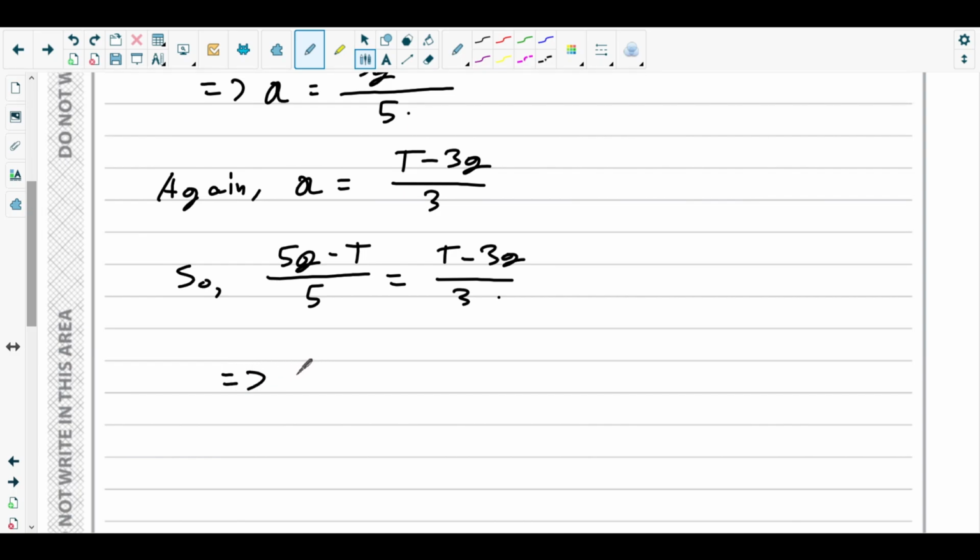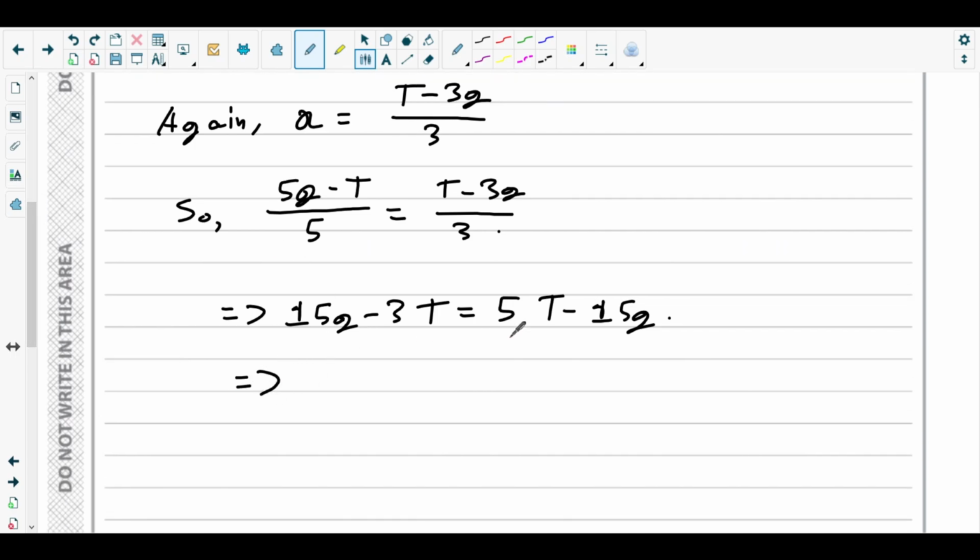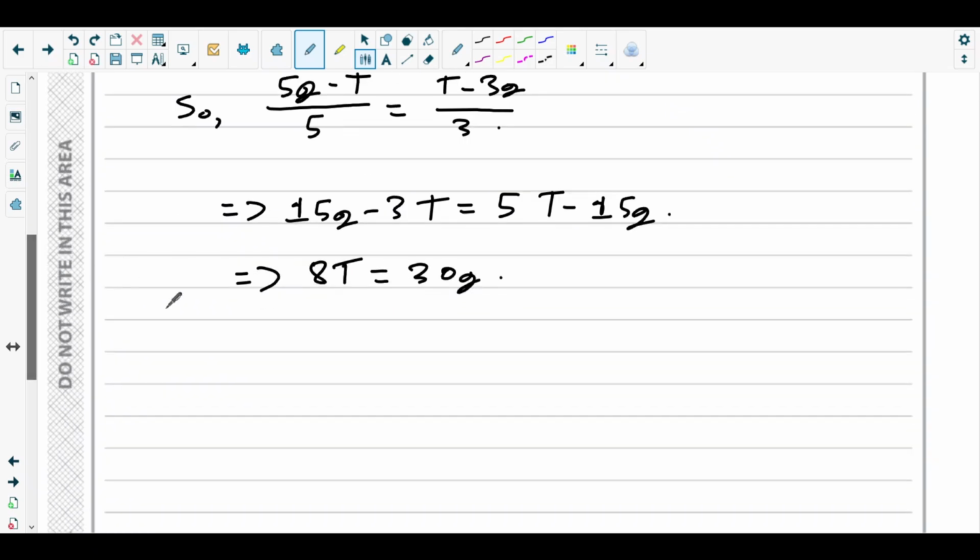You will get 15g minus 3T equals 5T minus 15g. Take 3T to the right side, so you'll get 8T equals 15g plus 15g, which is 30g.